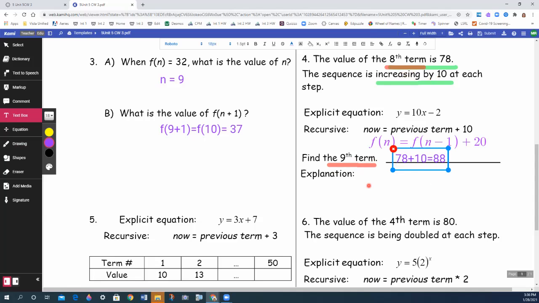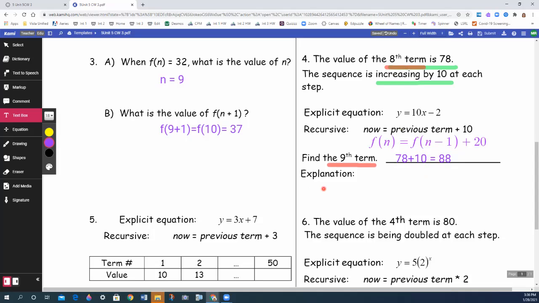Now I could have used this equation and put 9 in here and gotten 90 minus 2 and gotten 88. But again, since I already know the 8th term, and I want to find the next term, just add 10.